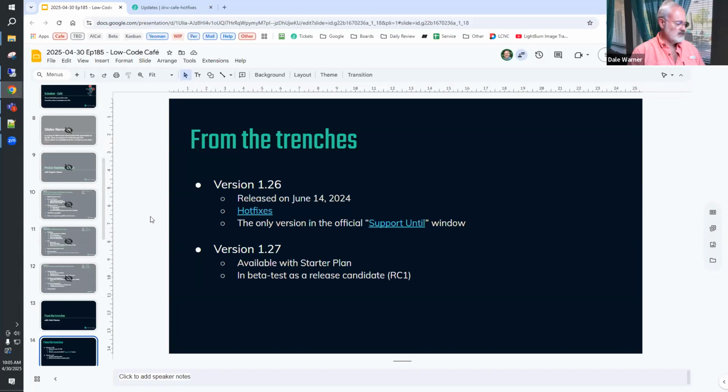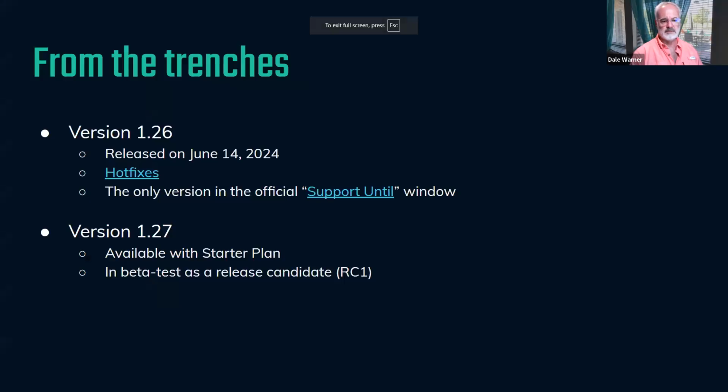But it is a good version, and we did a lot of work in the area of licensing, and that's why it's available with the starter plan right now. We'll be talking more about what's available to you if you decide that you want to get into 1.27. At the moment, I would recommend version 1.26. It's very mature and stable, and with all the hot fixes installed, it's the best one we have yet.